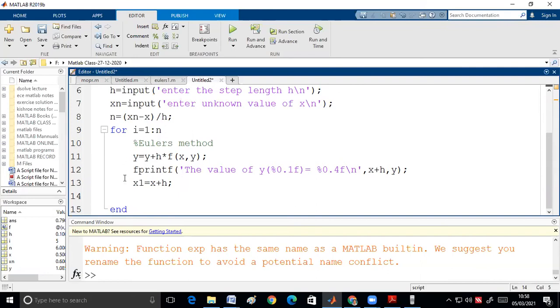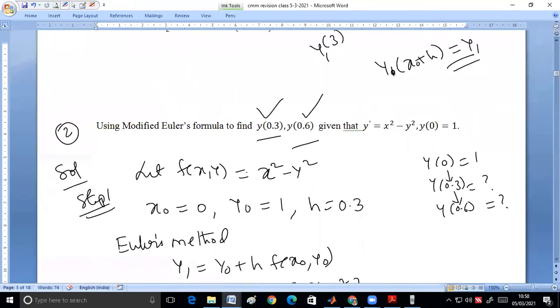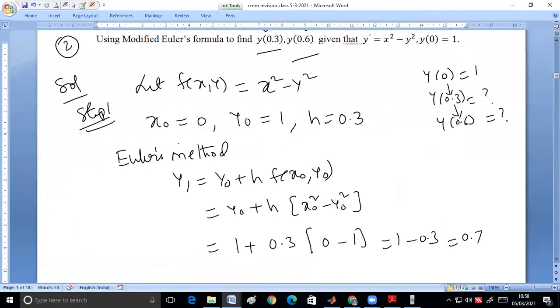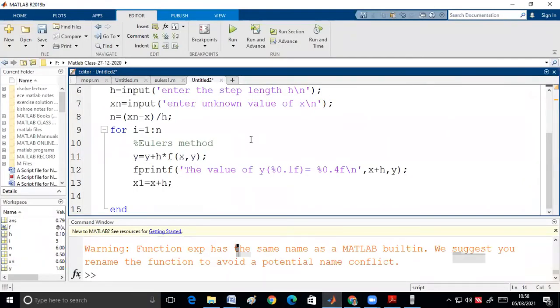Now this is after finding the Euler method, like this problem, observe this one. Try to understand, very simple. First, the Euler method. Now this is the initial approximation for the modified Euler method. I will take y as the initial approximation.